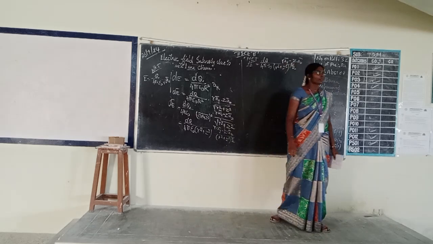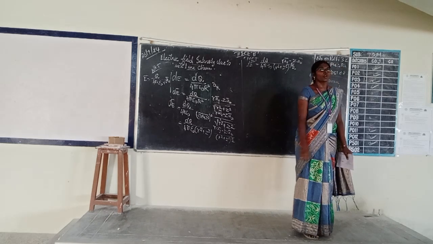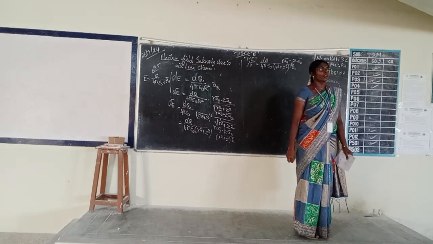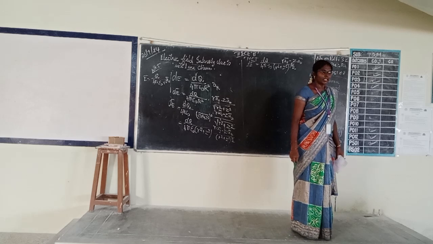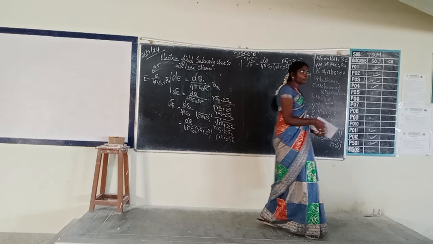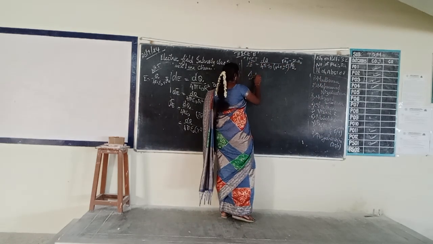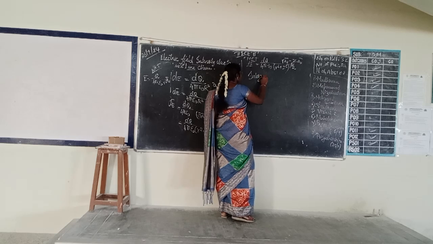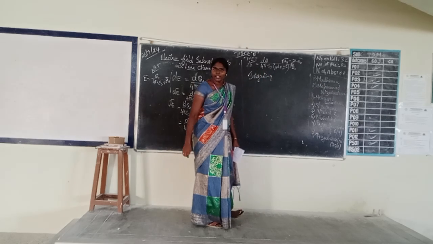Clear up to this? Now, the infinite line is along this. Look at your diagram and tell me, the infinite line is along the z axis. What is the upper limit? What is the lower limit? I am going to integrate this, so that I can find the electric field intensity, right?